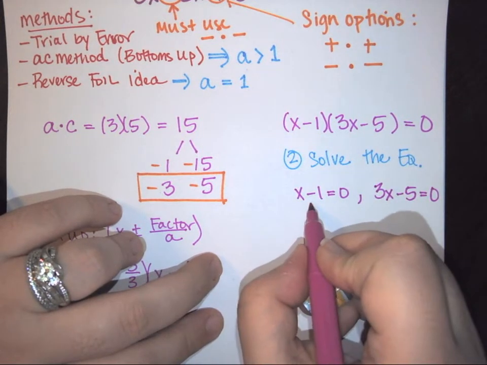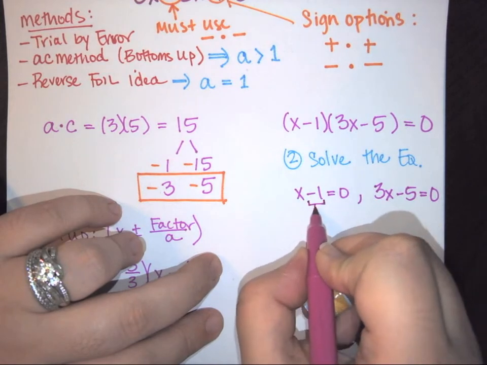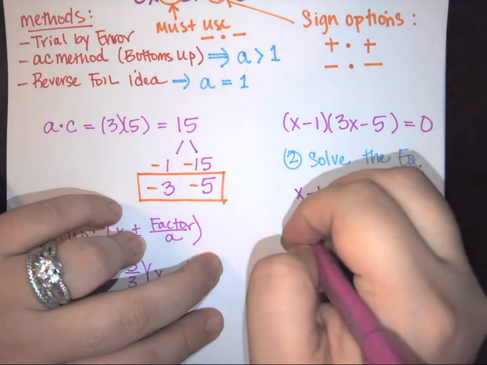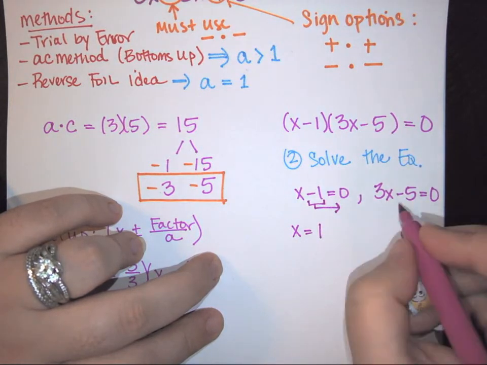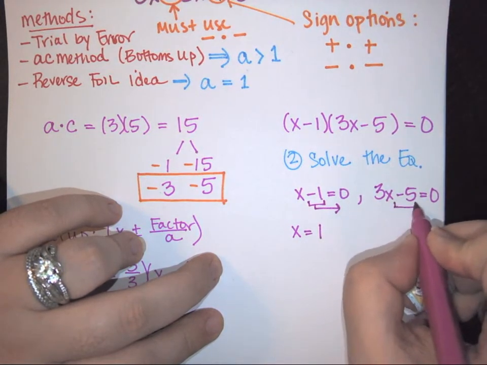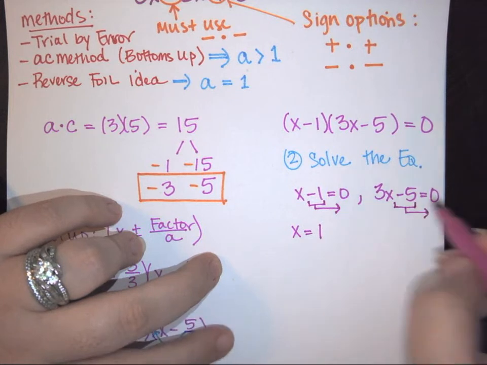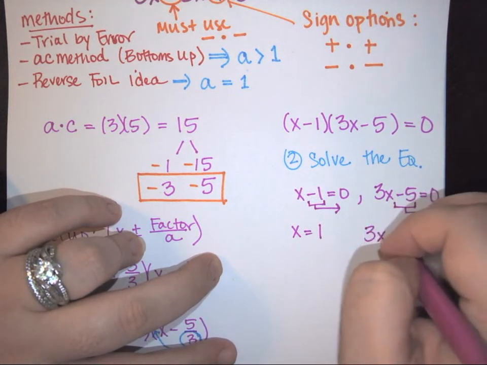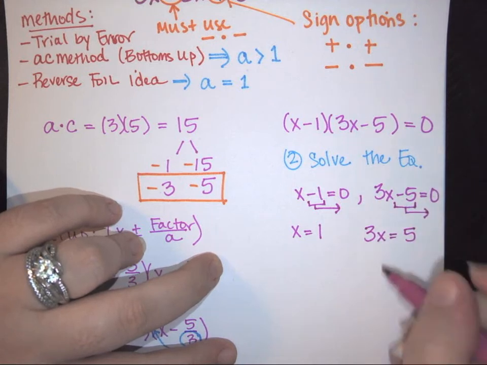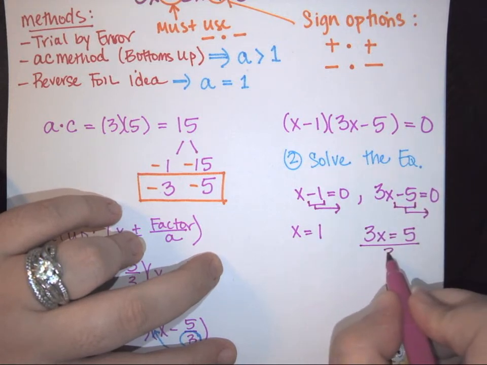So here we need to take this 1 and we need to move it. So this becomes x equals 1. On this other side, the first thing we need to do is take the 5 and move it. Because the 5 is negative, we add. So this becomes 3x equals 5. We need to divide everything by 3.